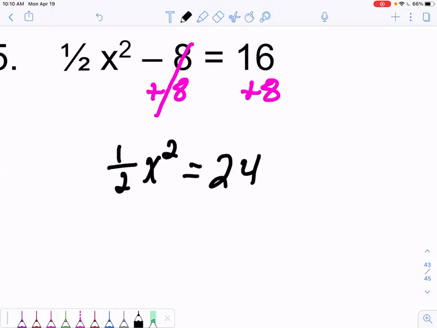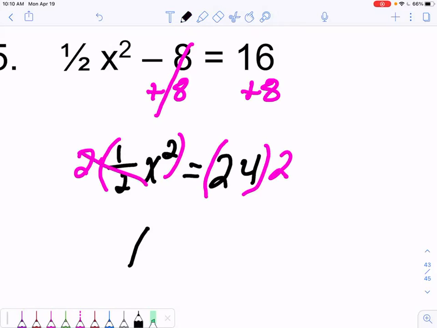And Michael, how do you get rid of 1/2? Yeah, you either multiply each side by 2, or you could divide each side by 1/2. You'll get the same answer doing either way. So if we multiply by 2, you get x squared equals 24 times 2, which would be 48.